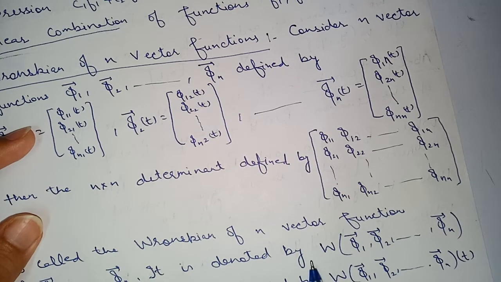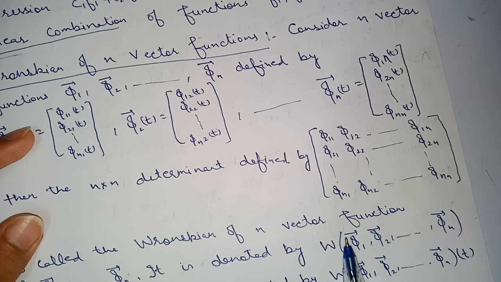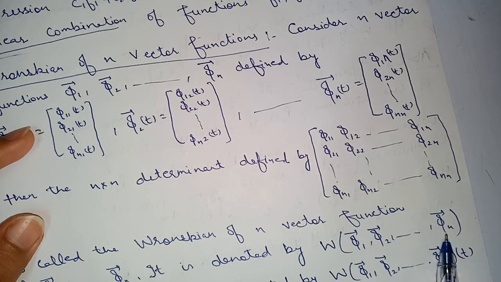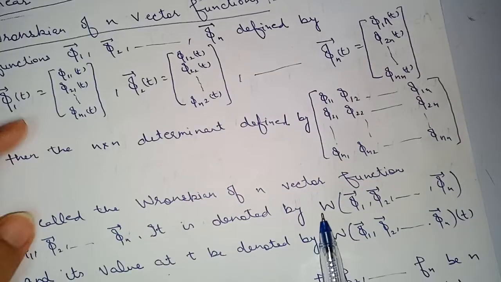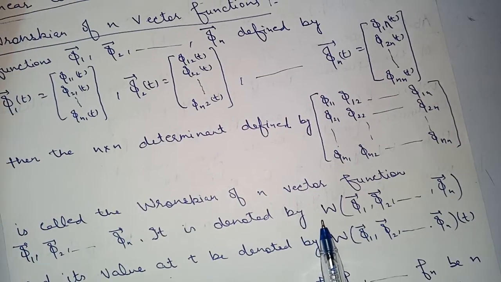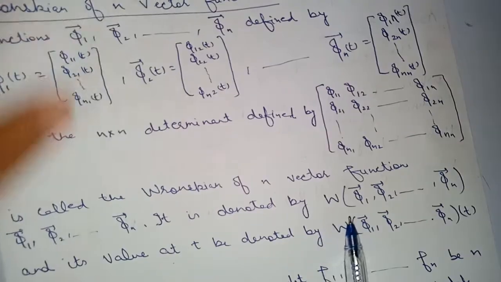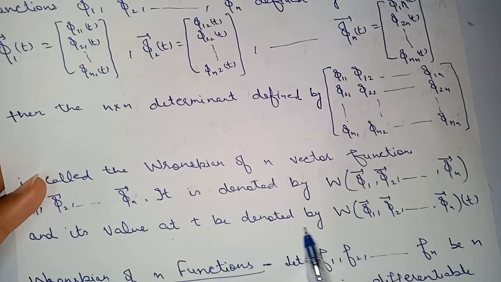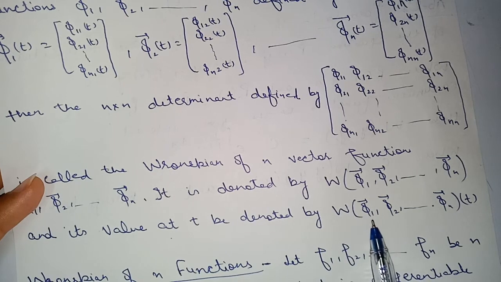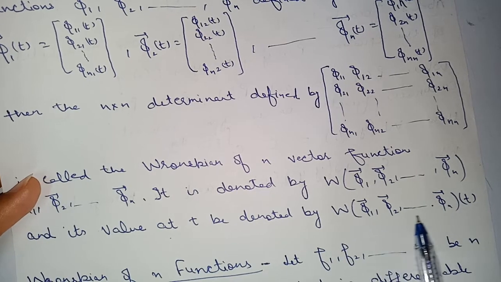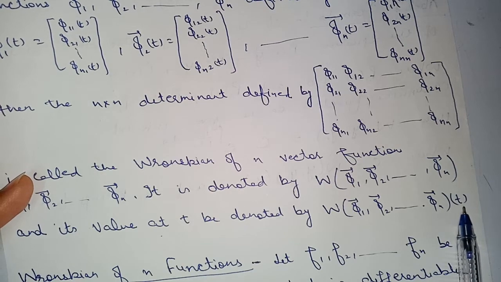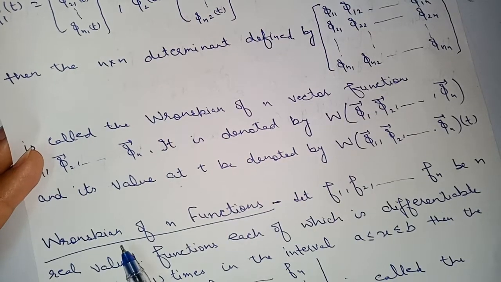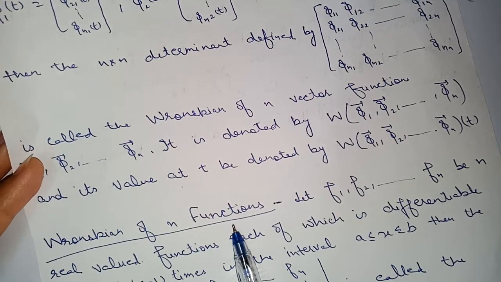It is denoted by Wronskian of n functions, that are our phi1, phi2 up to so on phi n. And its value at t is denoted by Wronskian of phi1, phi2 up to so on phi n at point t.